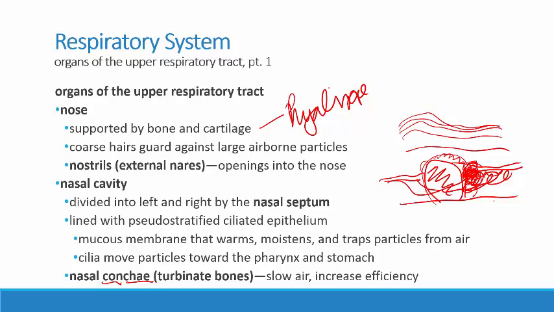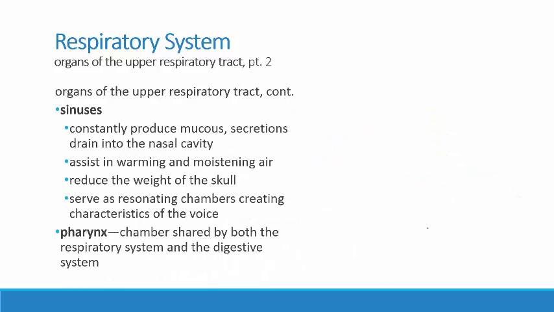All right, so we slow down the air, and that increases the efficiency of all of this cleaning, moistening, warming, trapping that is being done by these mucous membranes. So turbulent flow and that slower flow is very, very adaptive for helping to clean up or to warm up and humidify, to air condition that air.